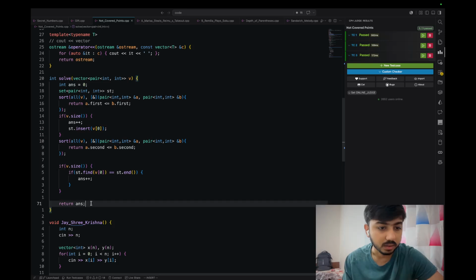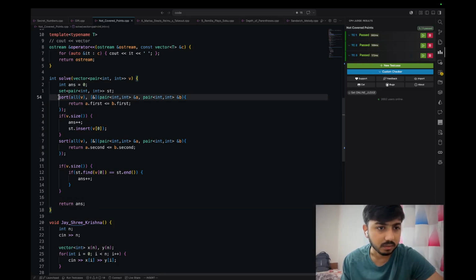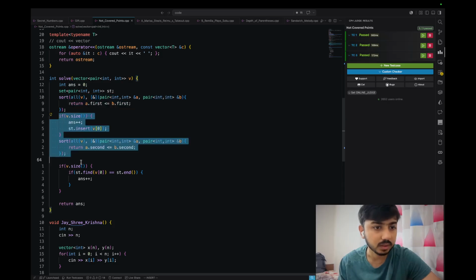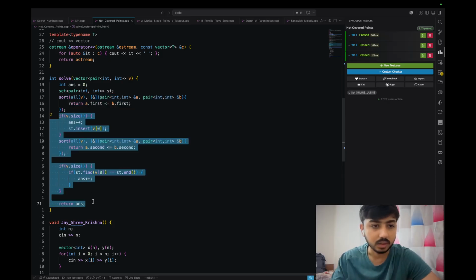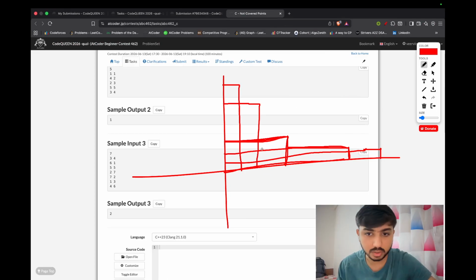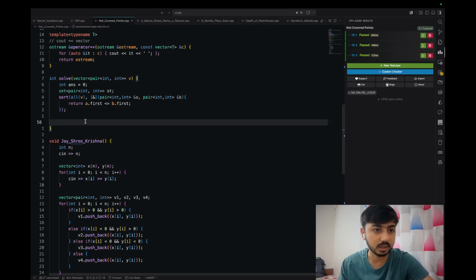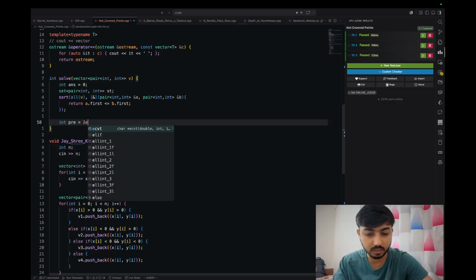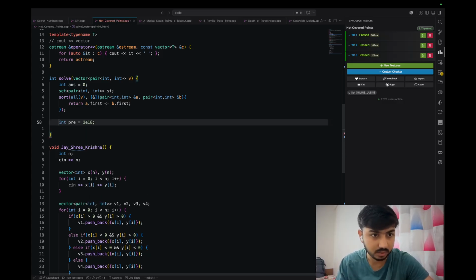Yeah. So the good observation here is we sort, and yeah, we have sorted on the basis of first and let's say previous is equal to 2018. Cool.